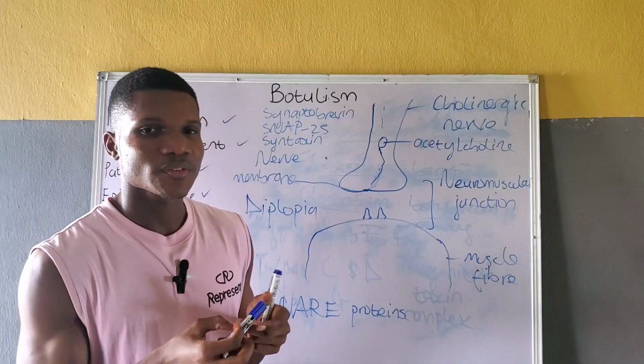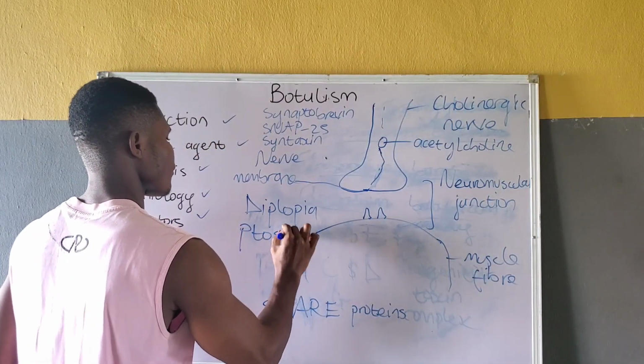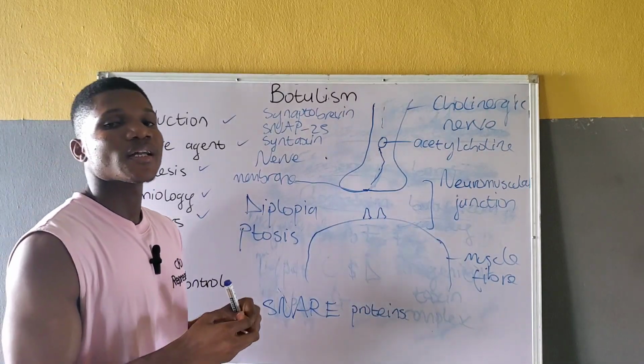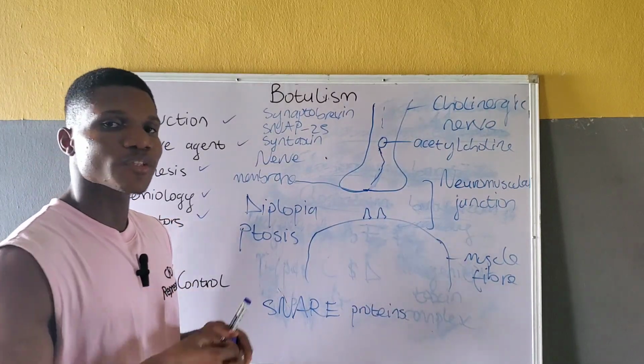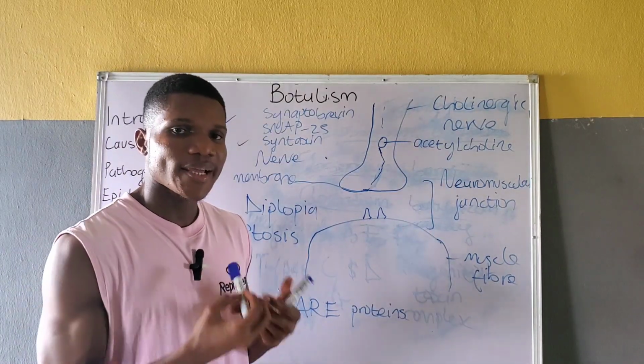Also, blurred vision, as well as ptosis. Ptosis is also a clinical feature of botulism, and ptosis involves the drooping or sagging of bodily organs, particularly the breast and eyelids.